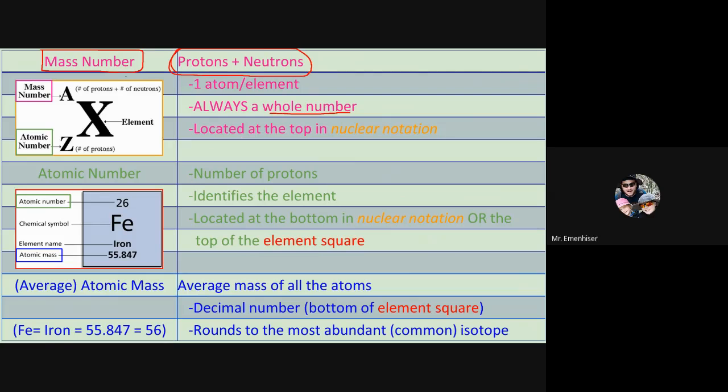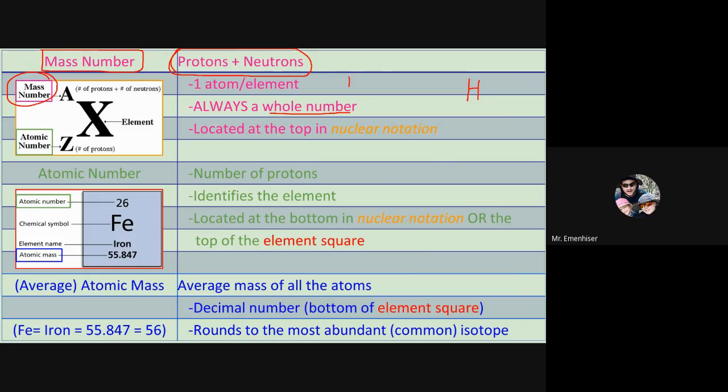And when we look at this notation, if we were to describe an atom, we could use this symbol X. This would be the element symbol. For example, if I were talking about hydrogen, the symbol for hydrogen is H. And so I would use H to start this. The mass number would go up in the top left corner. Okay. And the mass of hydrogen, let's say I had a hydrogen atom in my hand.